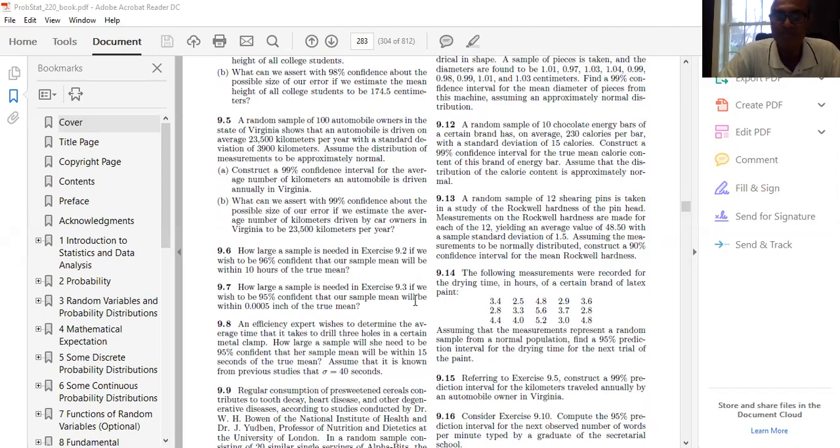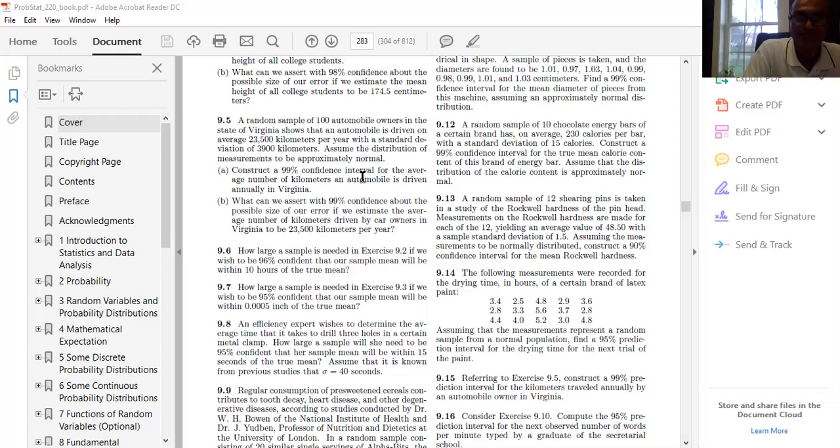Construct a 99% confidence interval for the average number of kilometers an automobile is driven, 99%, okay? And what can we assert with 99% confidence about the possible size of our error if we estimate the average number of kilometers driven by car owners in Virginia to be 23,500 kilometers per year.